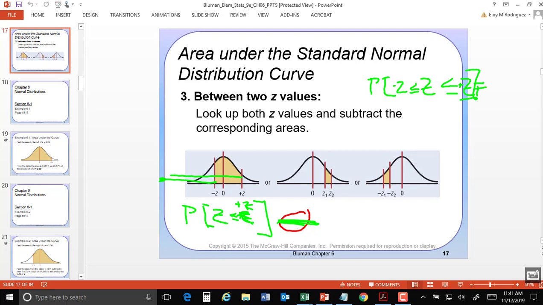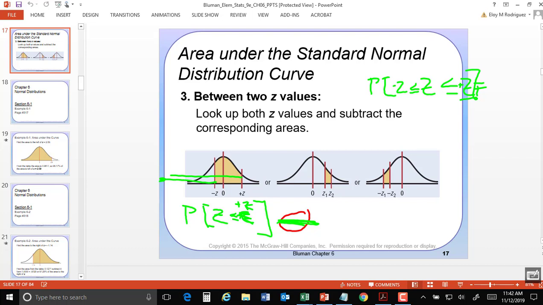This is 1. Calculate the probability from here on back. That would be the area under the curve from here on back all the way, right? And this other guy is another problem. Just cover that up. Now I want to know the area under the curve from here on back. So really, I'm going to have to take this value of area and subtract this value of area to get my interval.